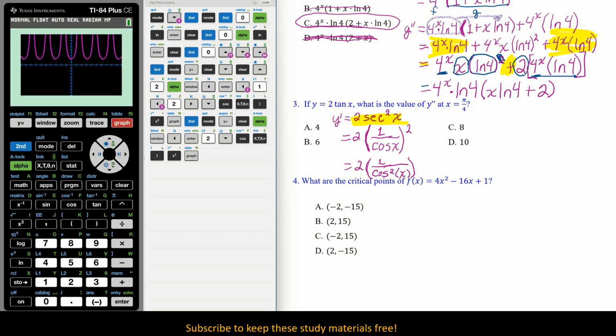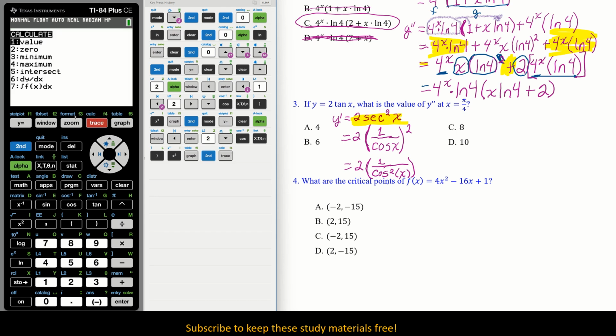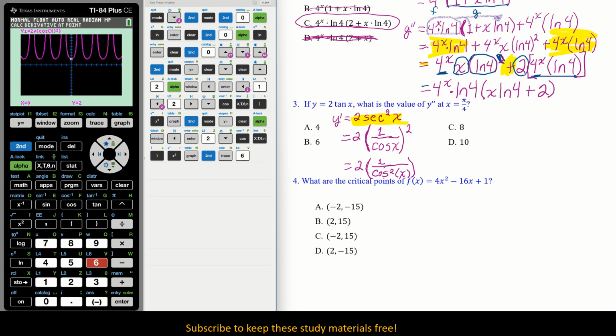I've graphed it before. This is what we need. But this is the first derivative. If you remember, the next derivative will be second trace, number 6. What do we need to enter? Pi divided by 4. So that's second, caret up. Okay, caret up.